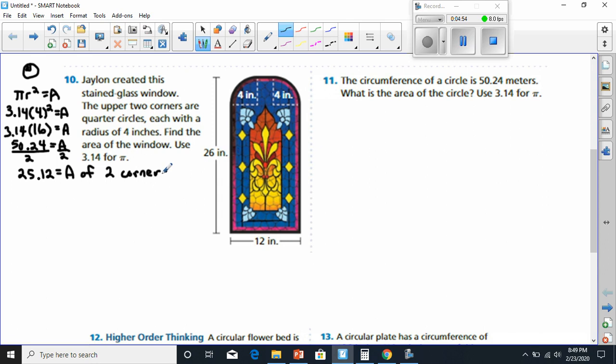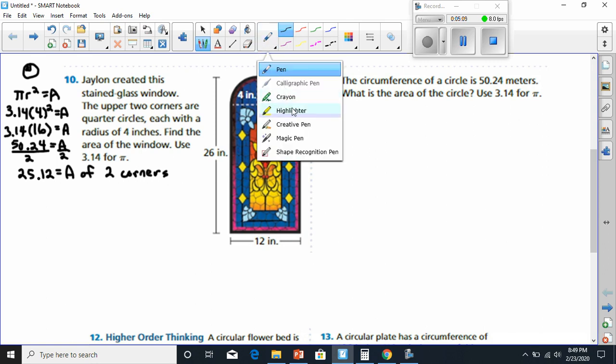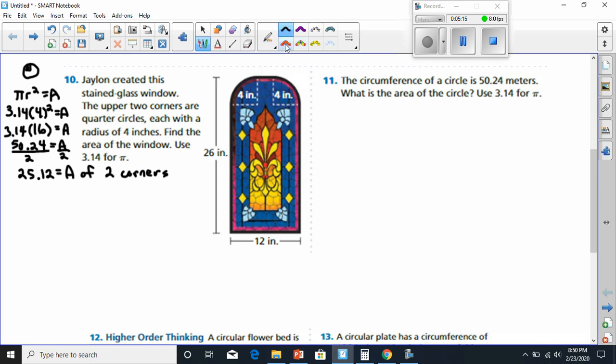Okay. Now we've got the rest of this to go. I'm going to start with this rectangle here first. And I'm just going to kind of put a blue line across it if I could. We'll use a marker here. Yeah, put like a creative pen.